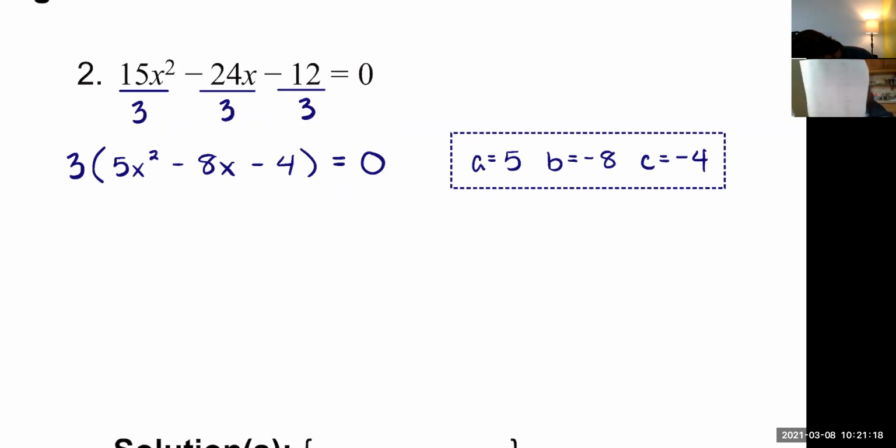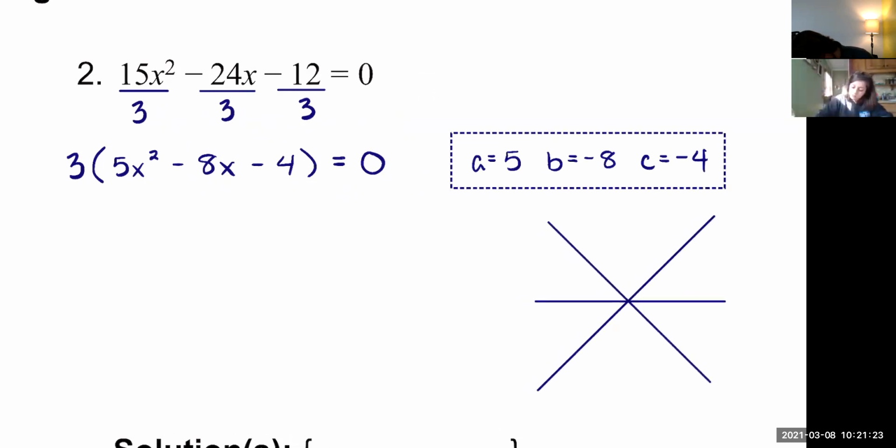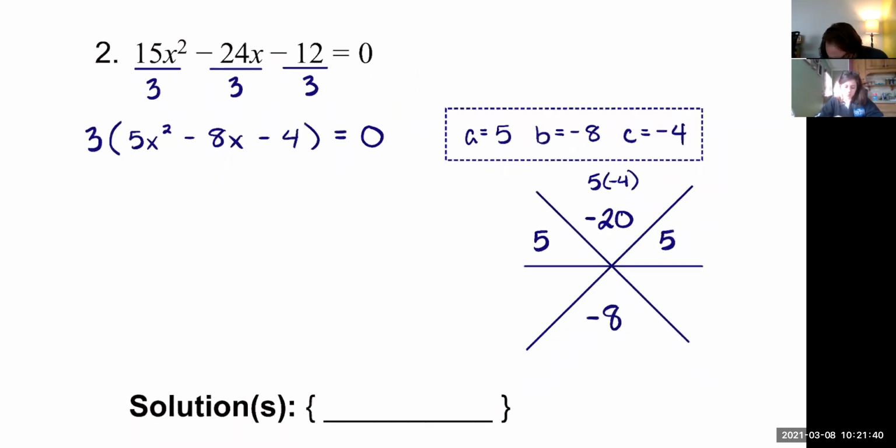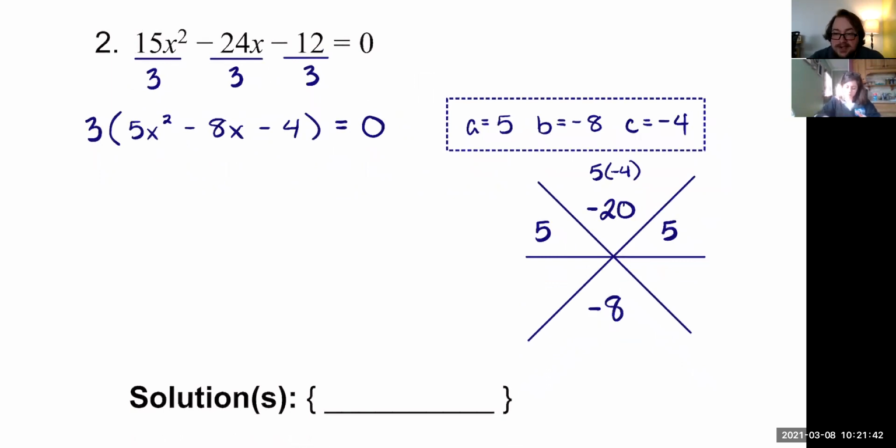We have the A, the B, and the C. So A times C on top, 5 times -4 will give me a -20. A on either side will give me 5s. B on the bottom, -8. So two factors that multiply to equal -20, but also add to equal -8. 2 and -10.